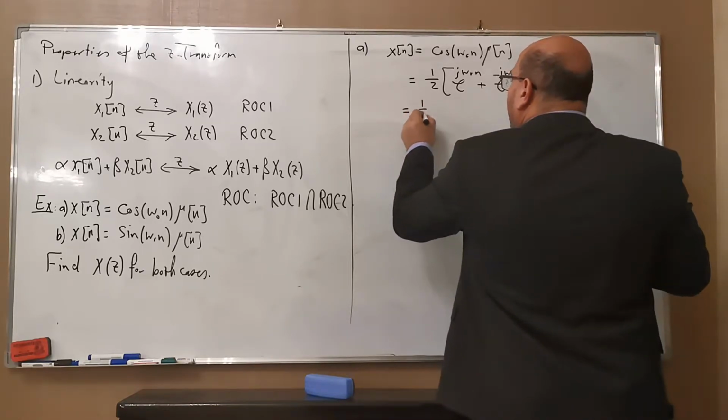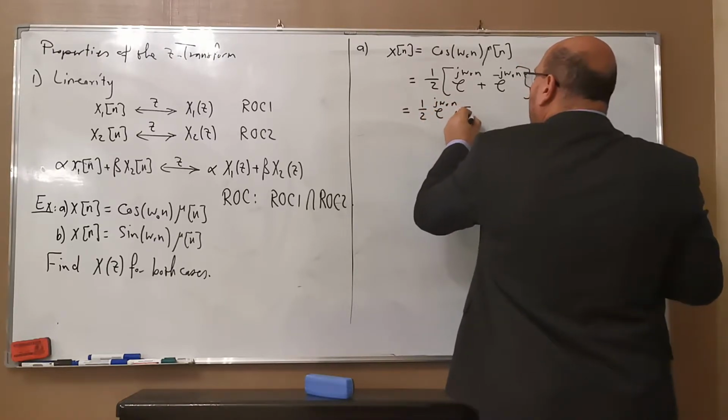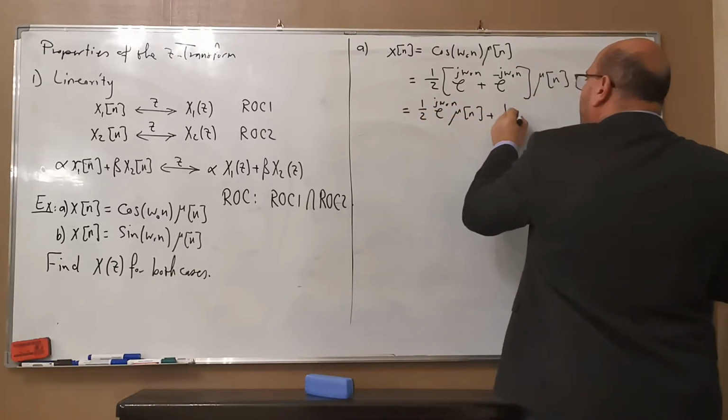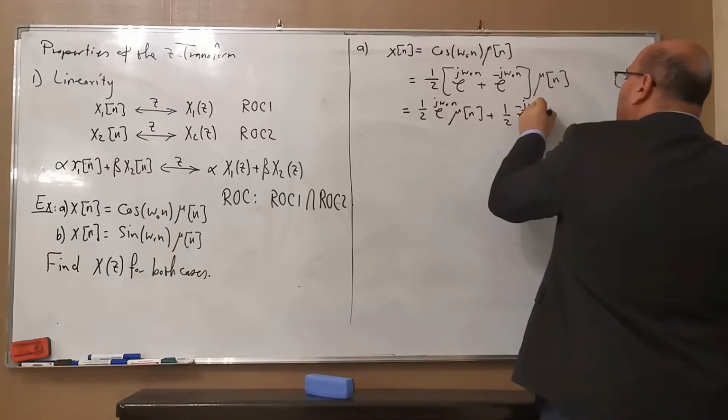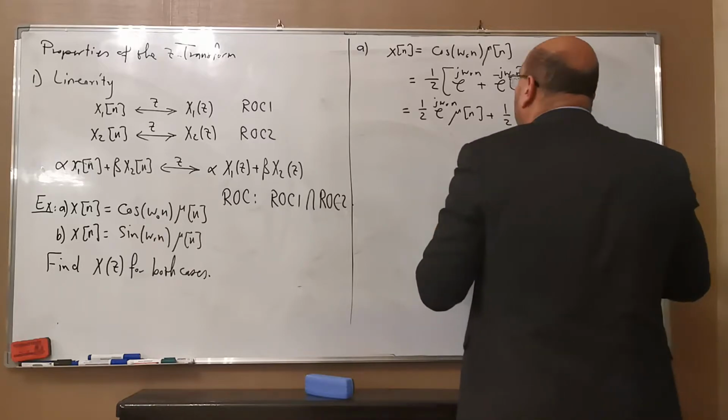And this is equal to 1/2 e to the j omega 0 n mu of n plus 1/2 e to the minus j omega 0 n mu of n.